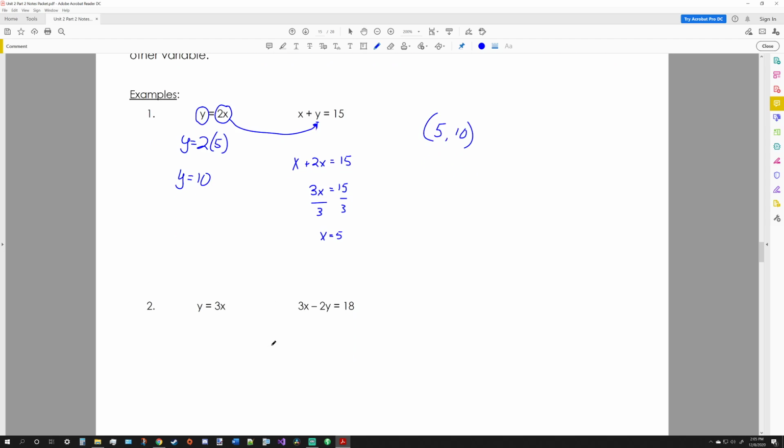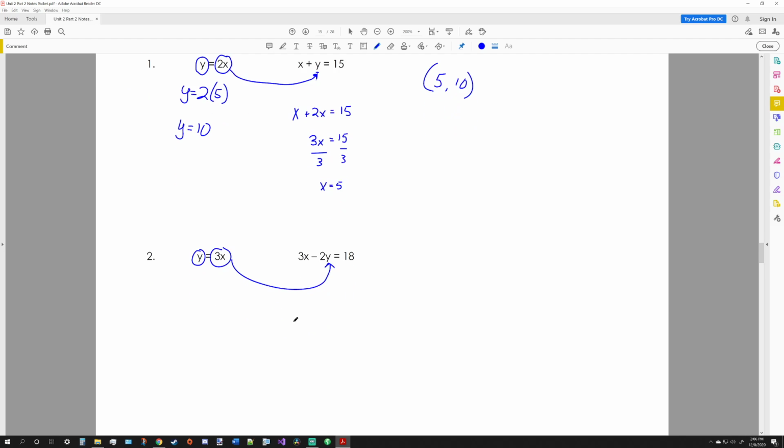So let's take a look at number 2. Similar example. The y is by itself, and it's equal to 3x. So we're going to take that 3x and plug it in for the y. And when we do that, we have to use parentheses, because there are things attached to y over here, and there's a minus sign. So we have 3x minus 2, and then instead of the y, we put 3x in parentheses.